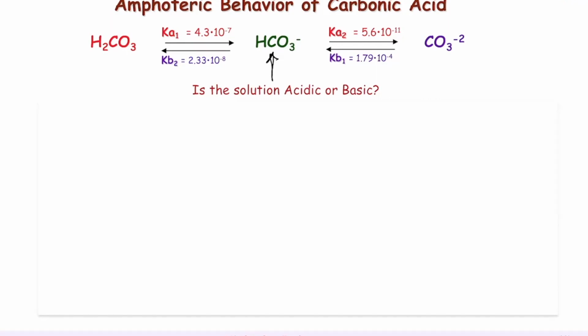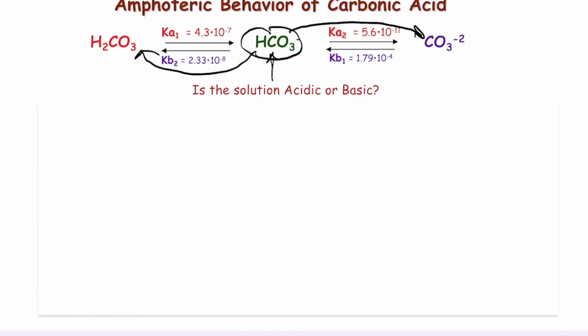The key, again, as we talked about in equilibrium, is to look at the equilibrium constant. Bicarbonate can only take this path, that or that. So what you need to do is look at the competing Ka and Kb for that path.